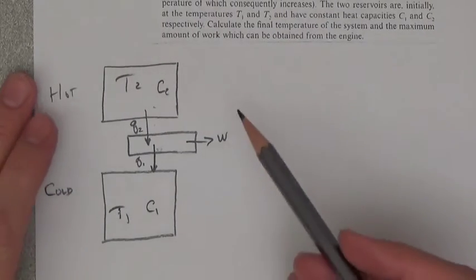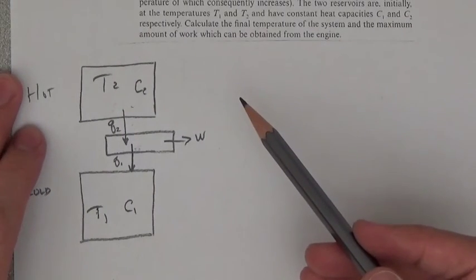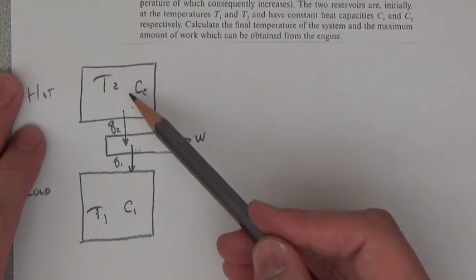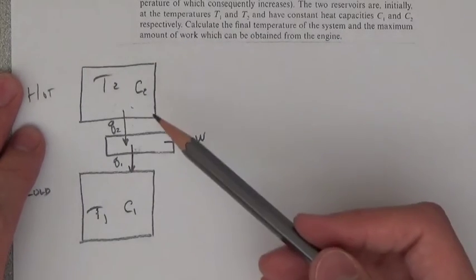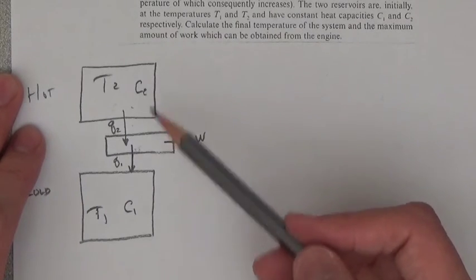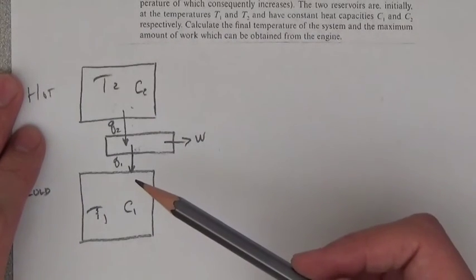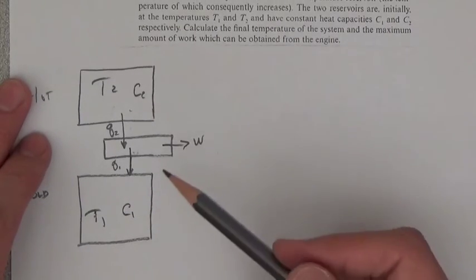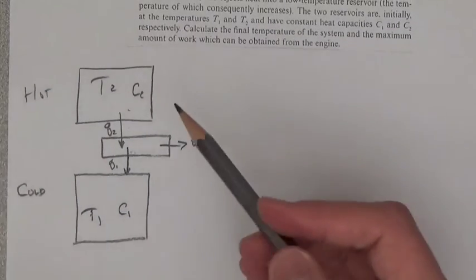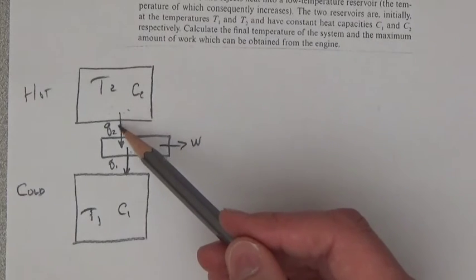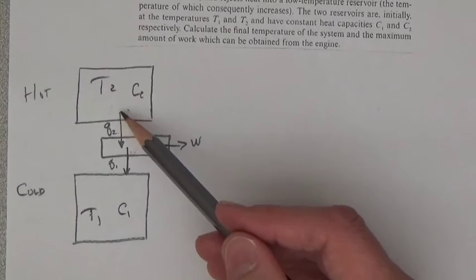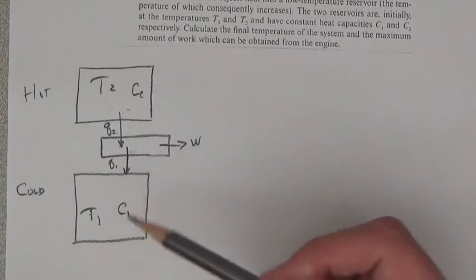And because this is a reversible system, we can take this all as though the heat all gets transferred in kind of one lump sum. We don't have to think about it on a cycle by cycle basis because there's no entropic change. So let's say that in one fell swoop all of the heat necessary to go to the equilibrium temperature gets transferred out and then gets transferred in.